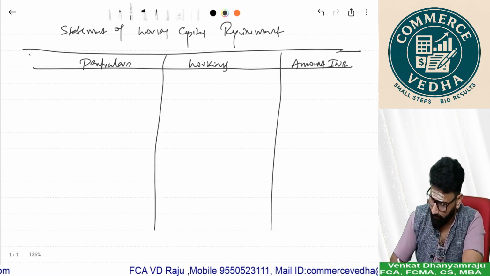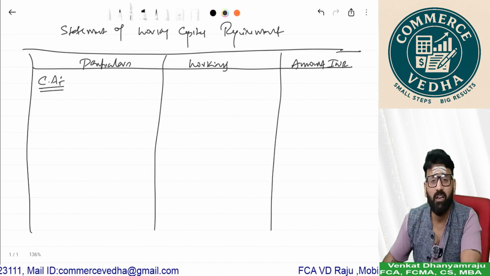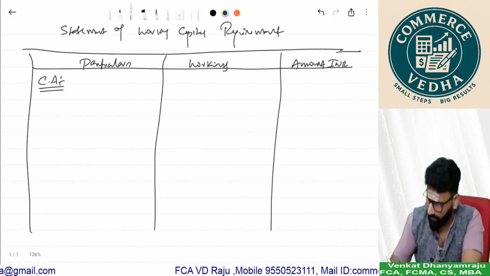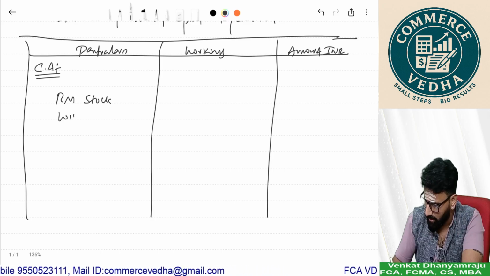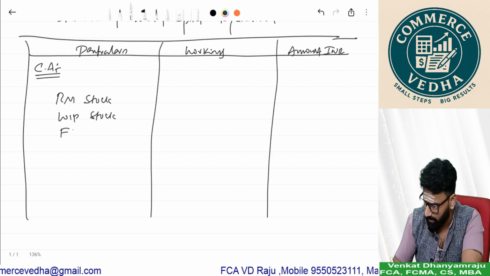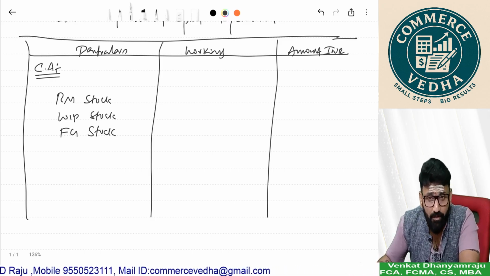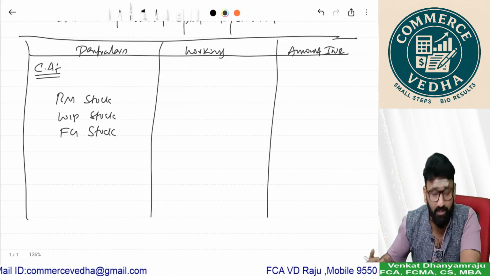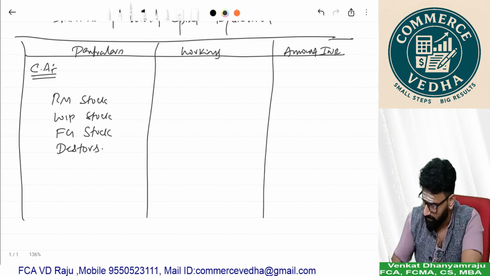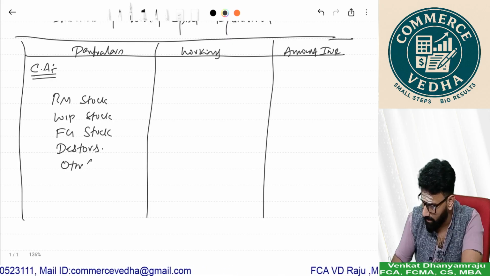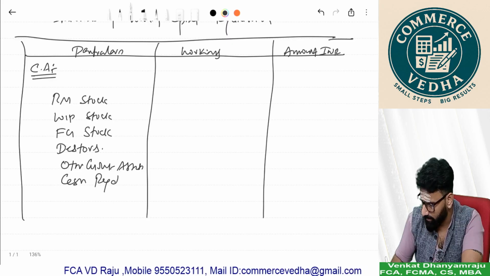So in the particulars, what should we write? Current assets. What are the current assets? Regularly, raw material stock, WIP stock, finished goods stock. Some questions say raw material inventory, WIP inventory, finished goods inventory, and debtors and other current assets, cash required.